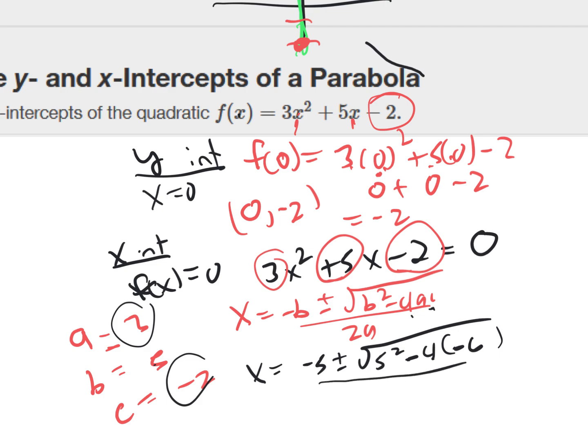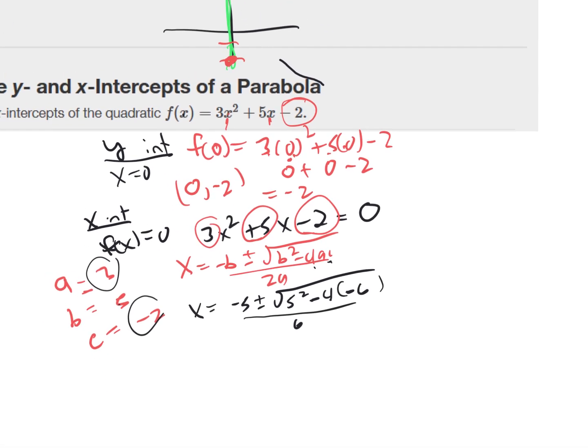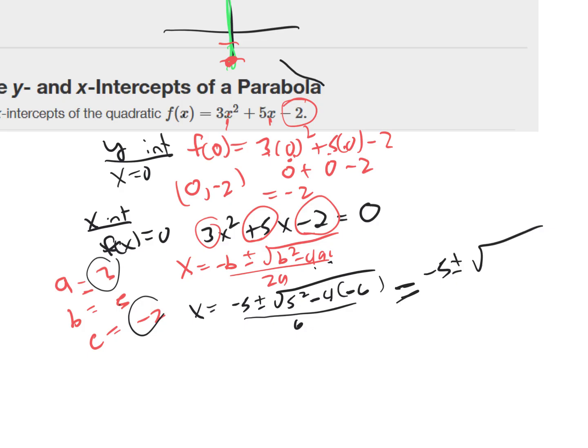All of this divided by 2 times a, is 2 times 3, which is 6. Now let's clean that up. Equals 2. Negative 5 plus or minus square root. 5 squared is 25.